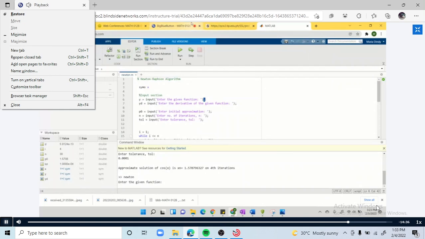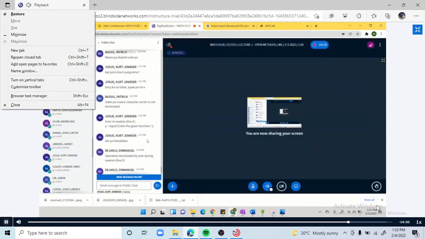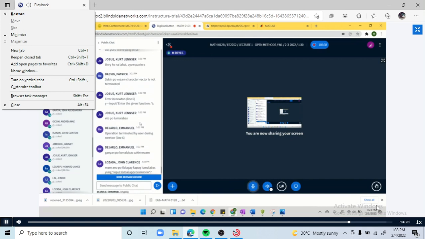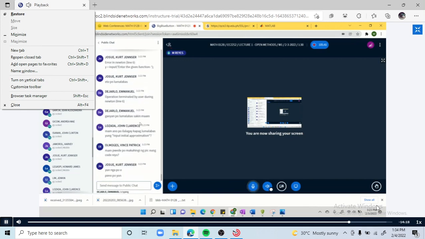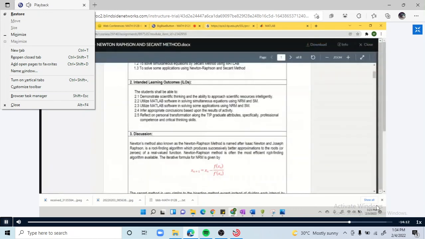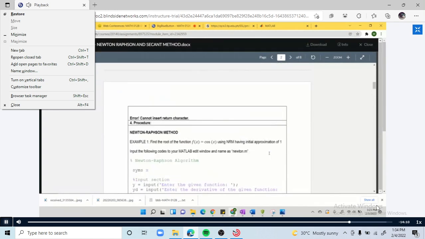Tama naman yung mo eh. Tama eh. Iho, try mo na lang, Kurt, i-try mo i-copy paste ulit, kasi baka may na-erase tayo dyan. Input initial approximation 1. Babasahin nyo tong activity. Ayan, oh, initial approximation 1.